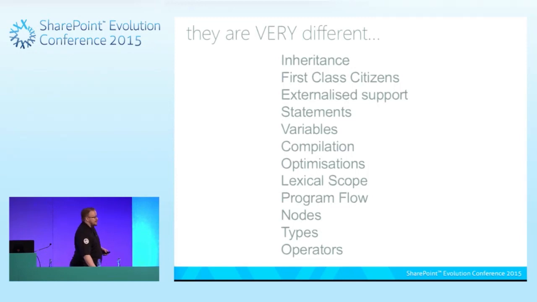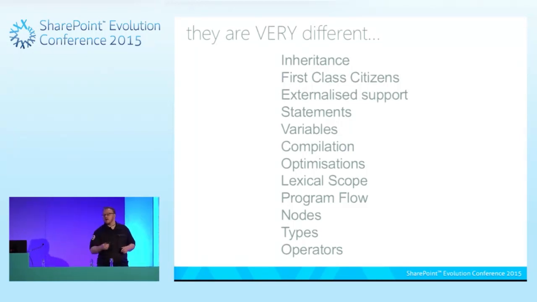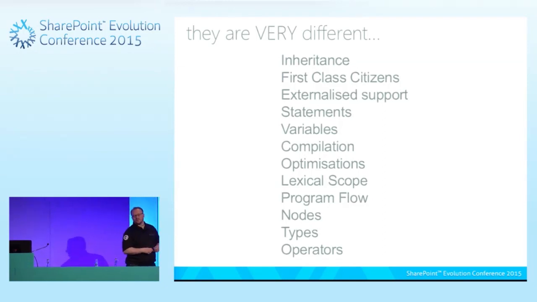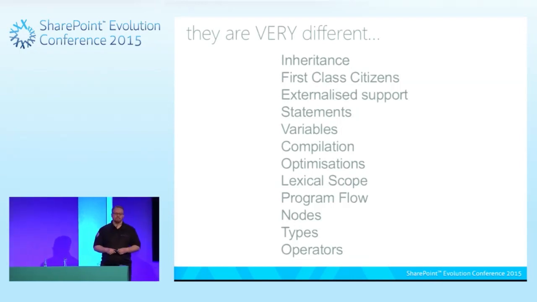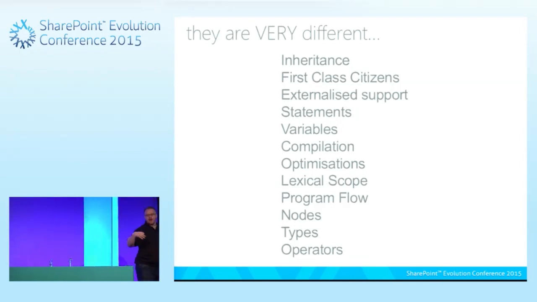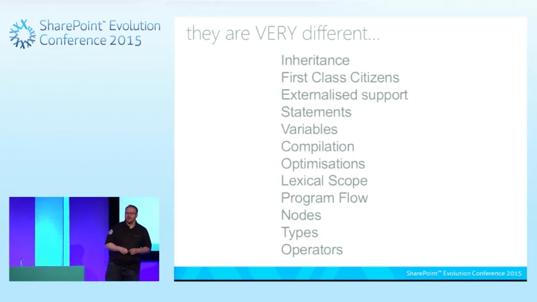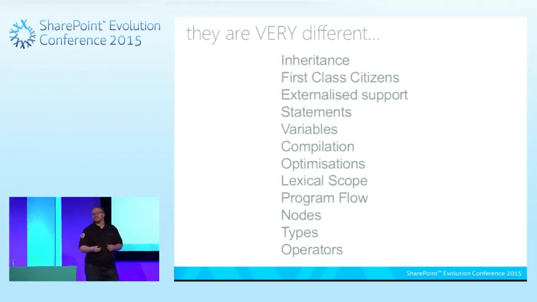The biggest things that I can think of that are different between C# that kind of highlight this fact is the compilation and the optimization. Now, I deal a lot in compiler theory in my job, okay? I pull apart code, create graphs from the code, create trees, and actually have a look at the structure before and after it's been through a compiler. JavaScript hardly gets optimized at all because it has to be done in real time.